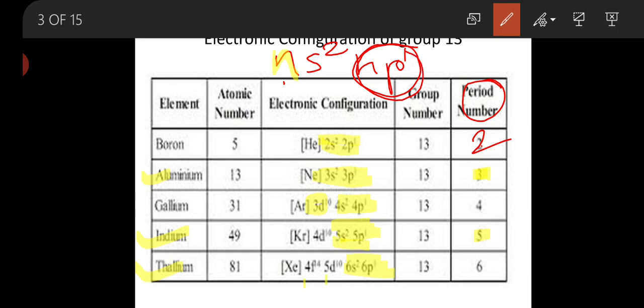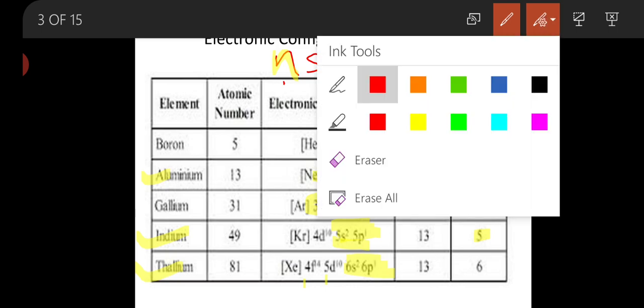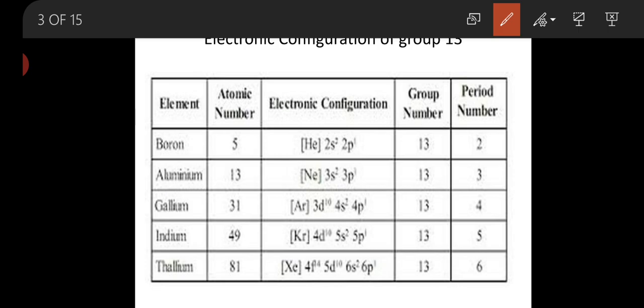You can see that ns contains 2s2, 3s2, 4s2, 5s2, 6s2, whereas np1 according to the energy level is 2p1, 3p1, 4p1, 5p1 and 6p1. In this manner we give the energy level and the electronic configuration. You can see clearly how the configuration is given.